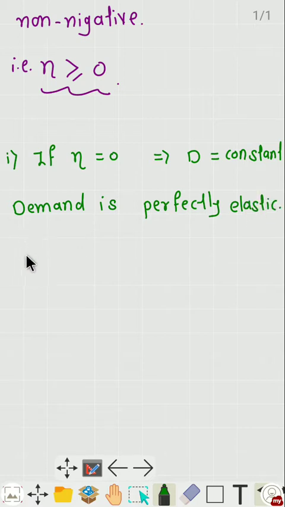Okay, now the second note is, if eta is greater than 0 and less than 1, then demand is said to be inelastic. Then demand D is inelastic.